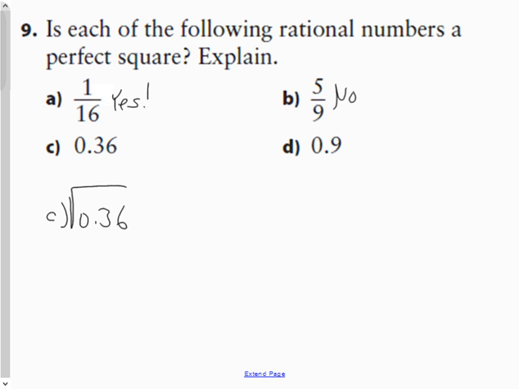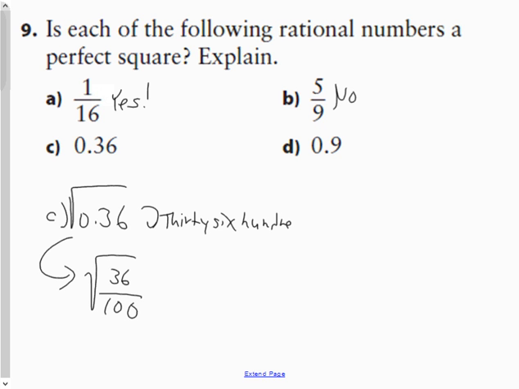But when you have it like this and you need to solve it without a calculator, you need to convert this into the square root of the same rational number, but in fraction form. So we have 36 hundredths, which in fraction form is 36/100.